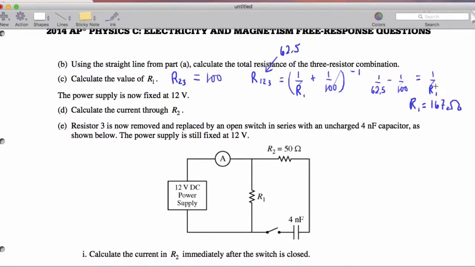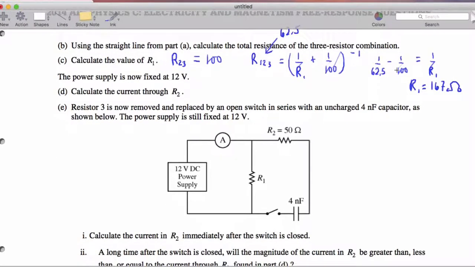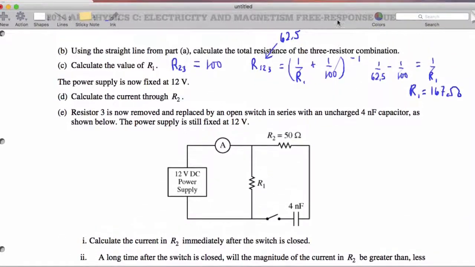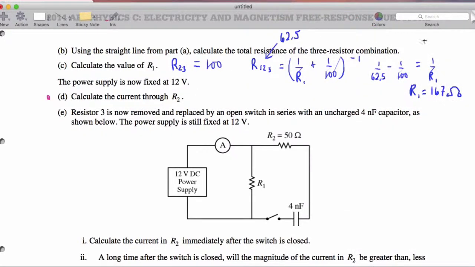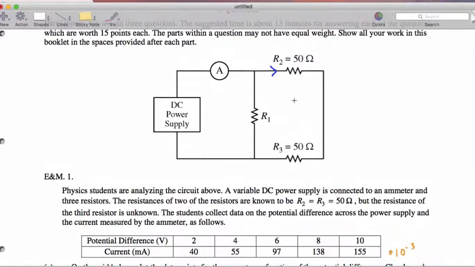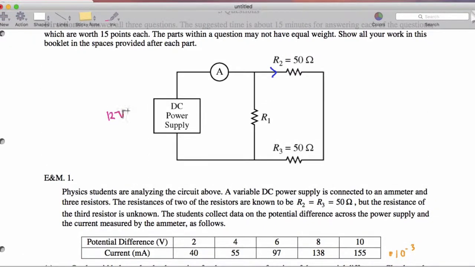Okay. Now, the power supply is fixed at 12 volts. We're going to calculate the current through R2. So let's do part D in a different color, and we'll go back to this first page here. So if we have 12 volts in part D, and we know that this is 167 ohms from part C, we can do a little bit of combination.